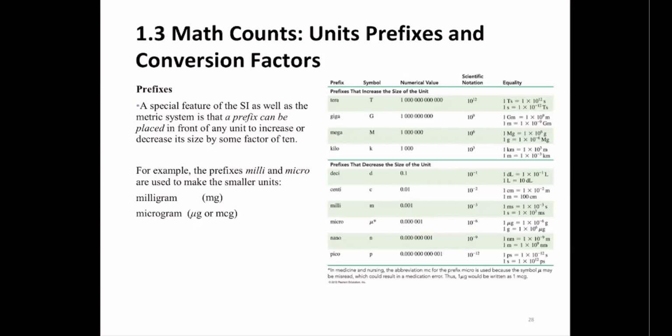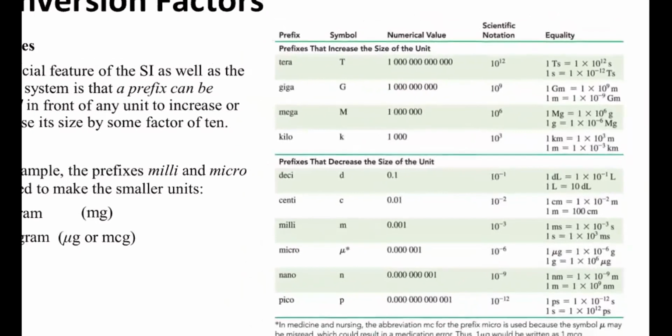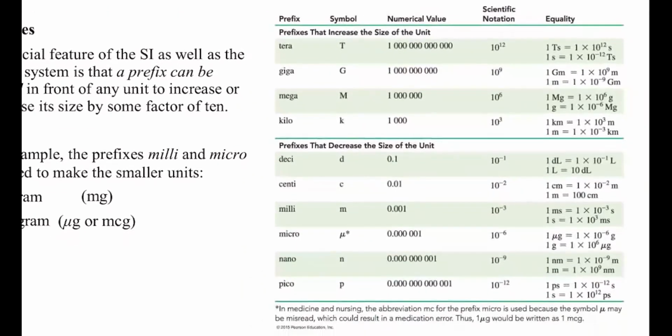One of the main features when it comes to the SI and the metric system is going to be specifically a term that we can add in front of any unit to increase it or decrease it. In this table, we have common prefixes. The top 4, tera, giga, mega, and kilo, make any unit large.